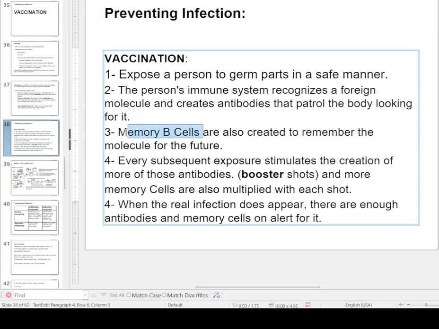But memory cells hang around. And so the next time the person is exposed, these old memory cells are reactivated and they start making antibodies again. So the delay from exposure to antibody creation that there was the first time is not there the next time, because the memory cell factories are already pre-existing. They are just reactivated and they start churning out the antibodies to that one specific molecule.